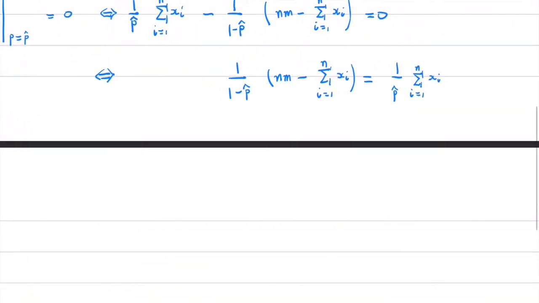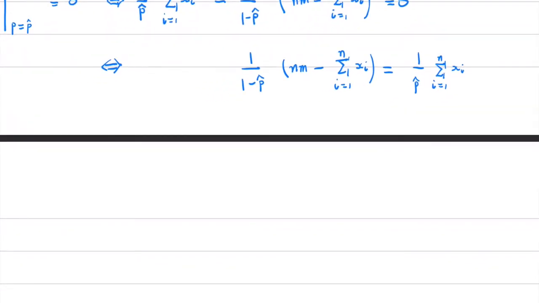And now what we can do from this particular scenario here is something a little bit tricky, and you'll see why it's tricky in a second. What I'm going to do is try and get all the p's on one side. So this 1 minus p I'm going to bring to this side, and I'm going to take this sum of xi and divide it onto this side.